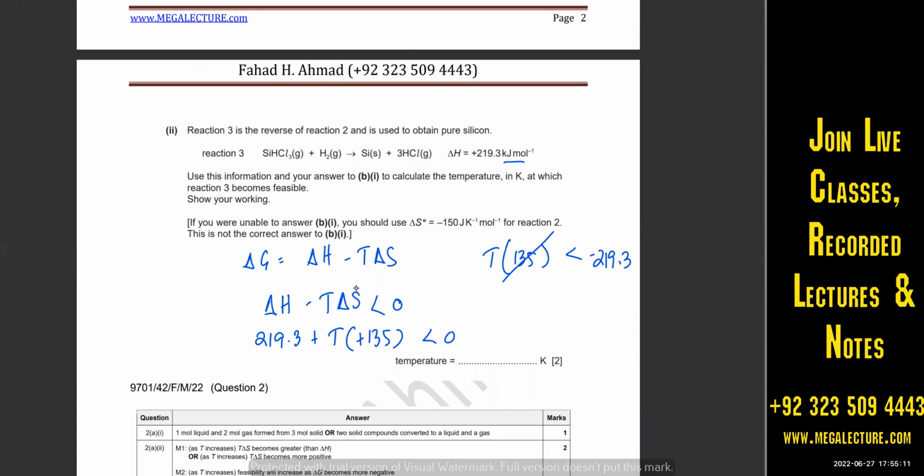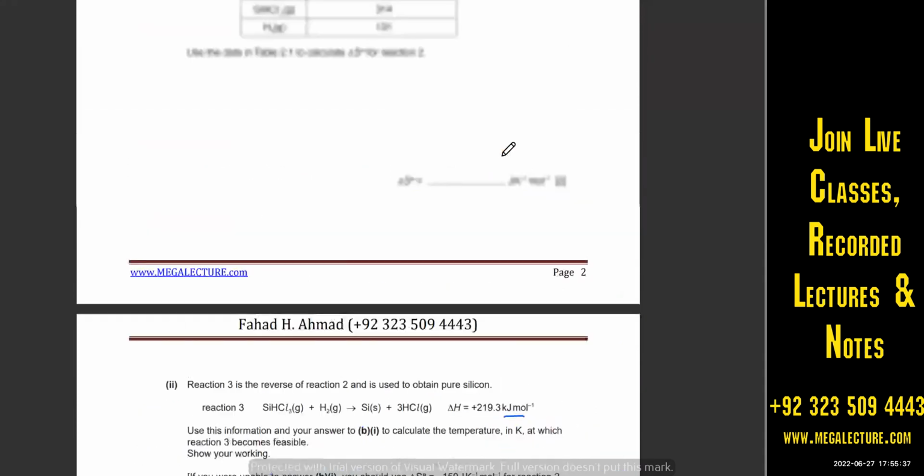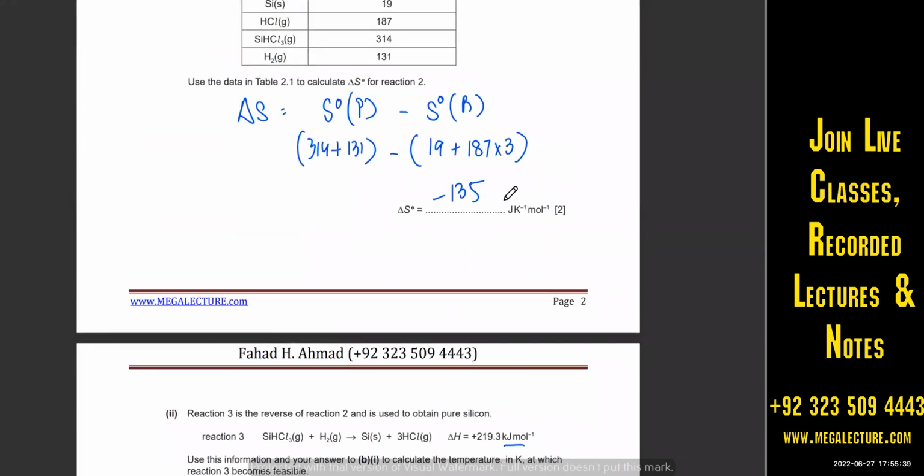There's one mistake that I've made. Does anyone recognize that mistake? There's one mistake that's been made over here. The sign changes. No, not the sign changes. It's that enthalpy changes in kilojoules, and remember, entropy changes in joules.